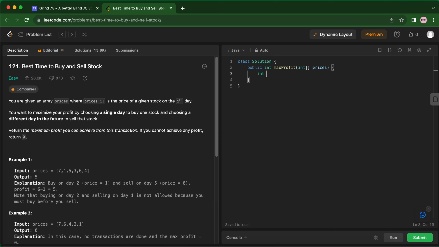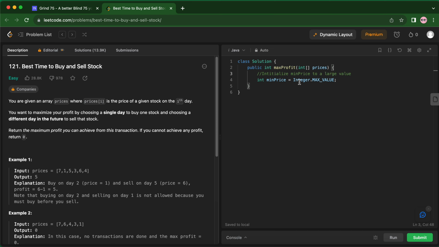So int min price is equal to Integer.MAX_VALUE. Why are we doing this? Let me write it: initialize min price to a large value.